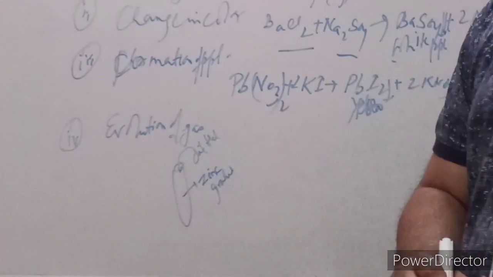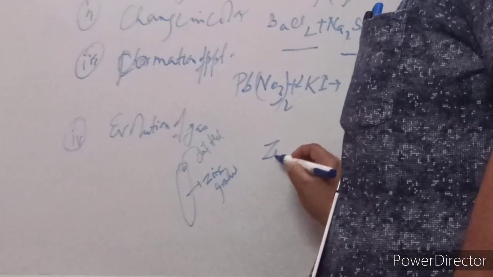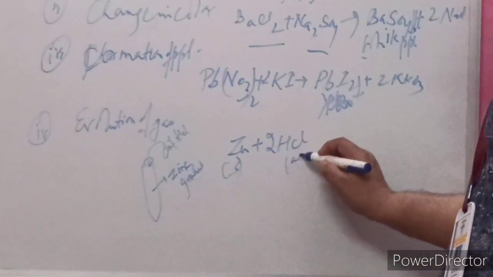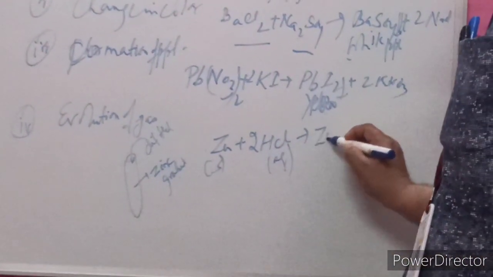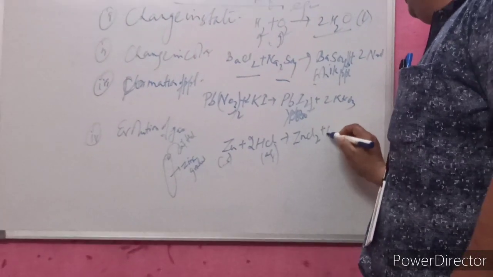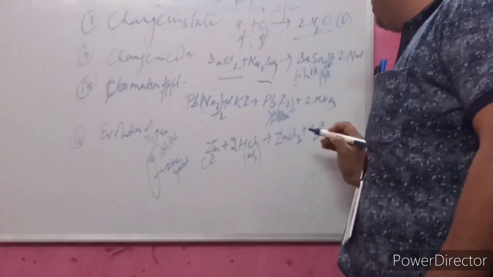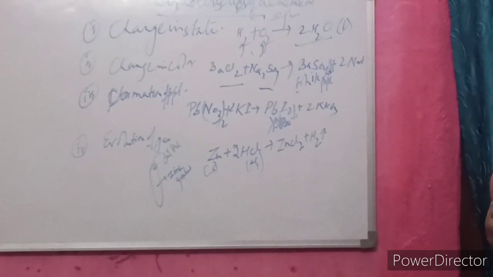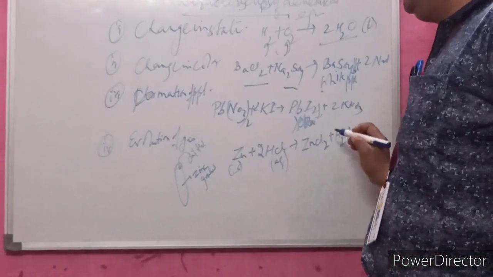It will form Zn plus 2HCl. The zinc is solid in nature, HCl is aqueous, and it will form zinc chloride, ZnCl2, with the evolution of hydrogen gas.